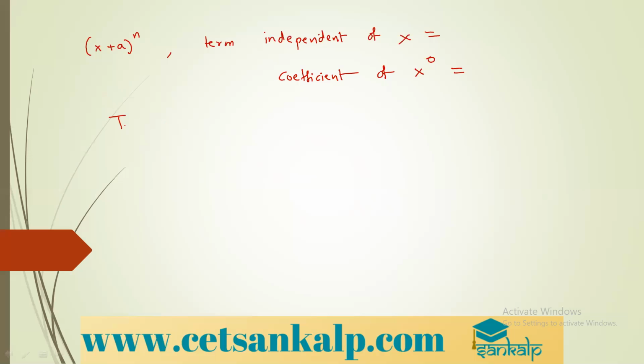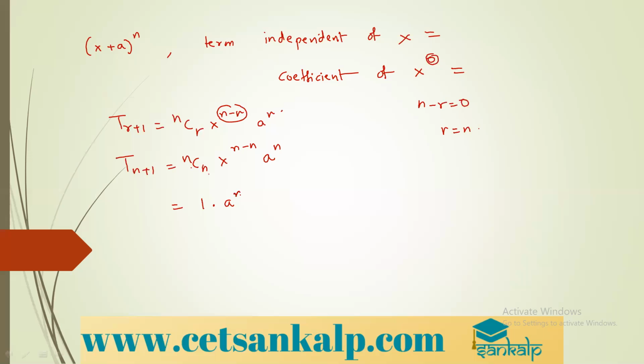So what you will do? You will take T(r plus 1) equals nCr, x power n minus r, a power r. X power n minus r should be 0. So n minus r should be 0. That means r should be n. So write r as n everywhere. That means nCn is 1, a power n, x power 0.